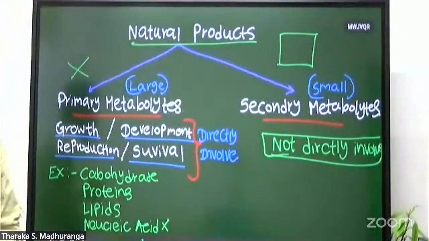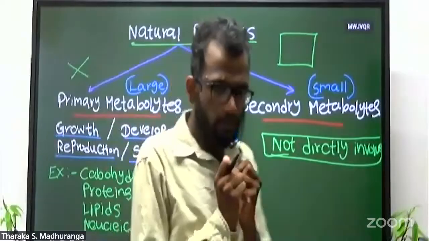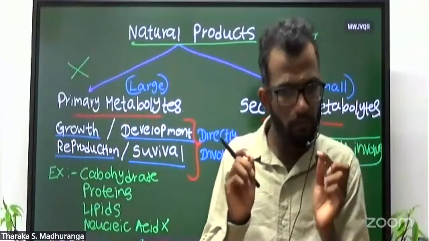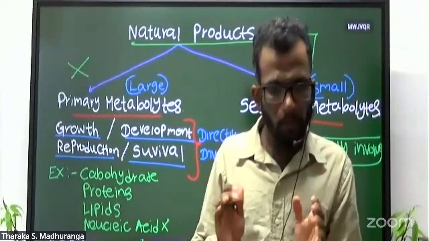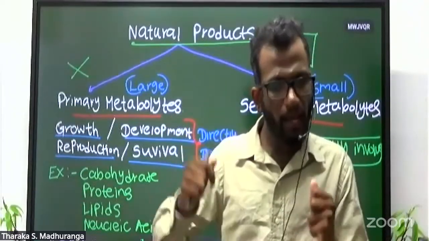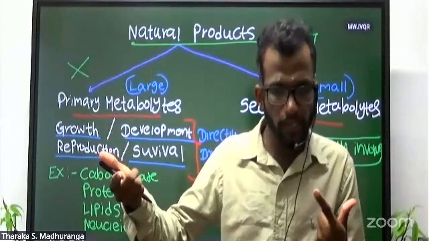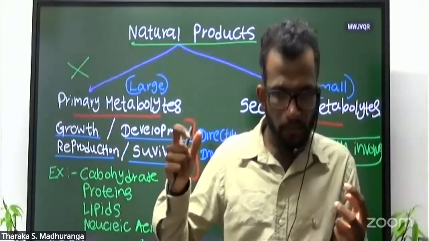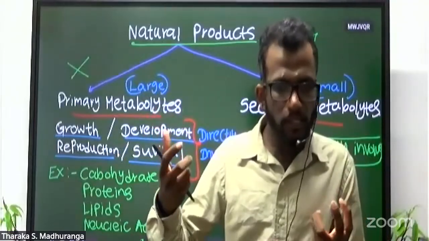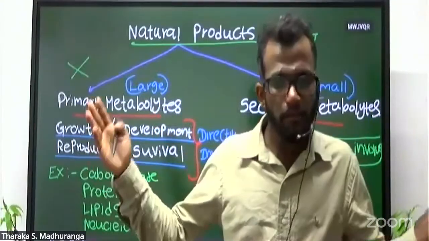Now, what are the important points you need to remember about secondary metabolites? Primary metabolites are directly involved, they are produced in large quantities, and they perform their function during the entire life period.